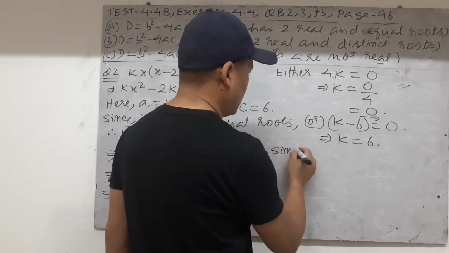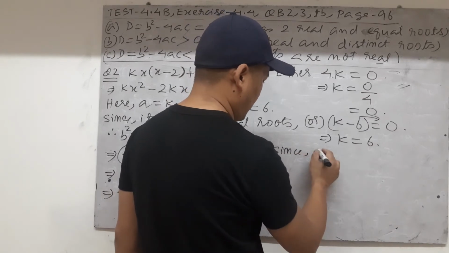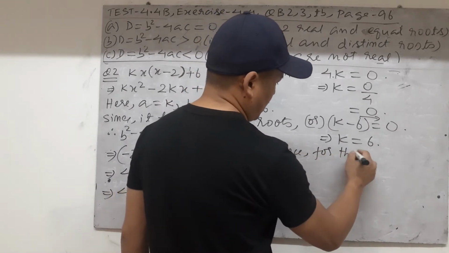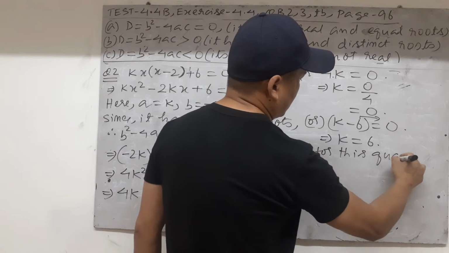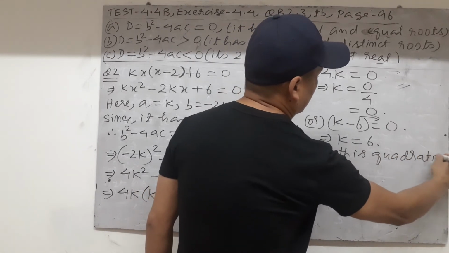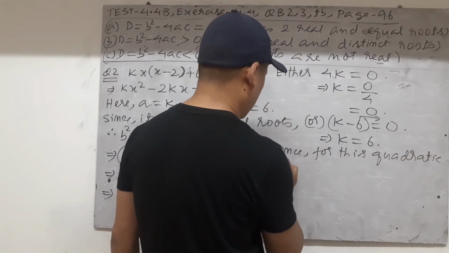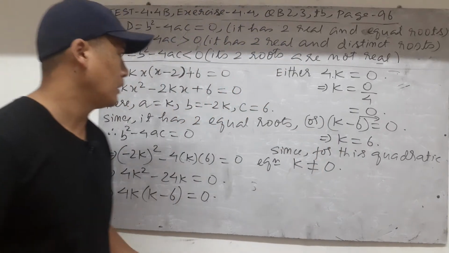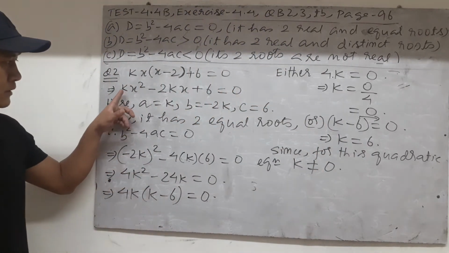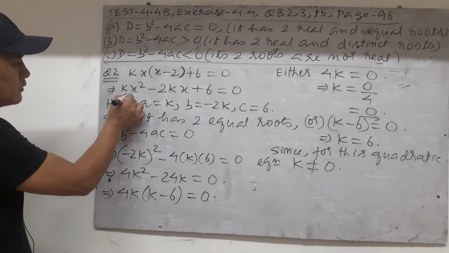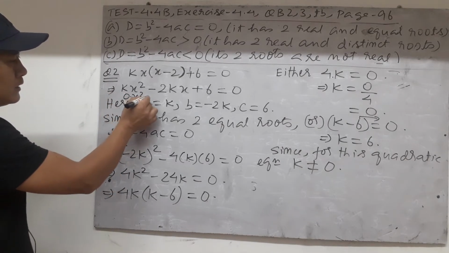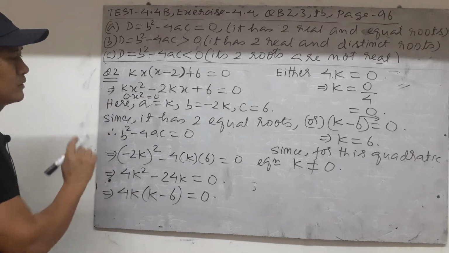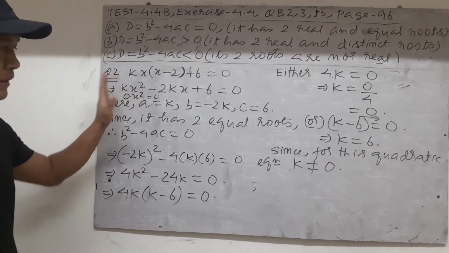But we know that for this particular quadratic equation, k cannot be equal to 0. I'll explain it. Look here. If your k is 0, then it will become 0 into x square, and then 0 into x square is 0, and the power x square will disappear.